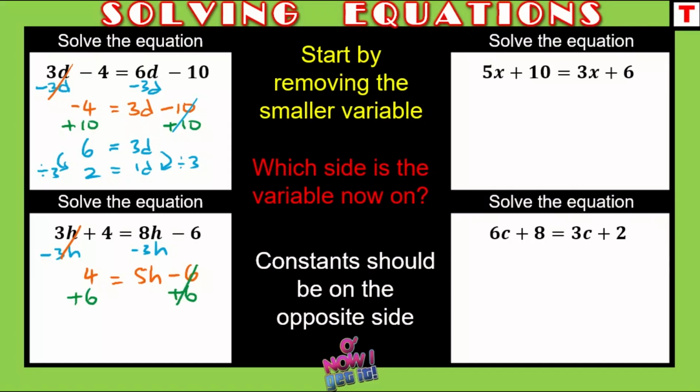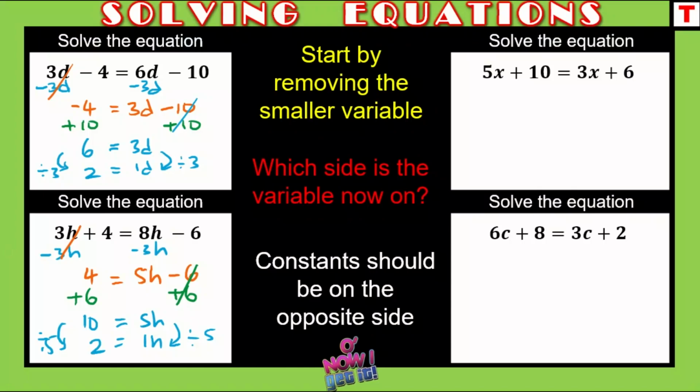So now we have 4 plus 6, which is going to give us 10, and 10 is equal to 5h. Keep in mind, we're searching for only one of the variable, so we are looking for 1h. Therefore, we're going to be dividing both sides by 5. And 10 divided by 5 would be equal to 2.